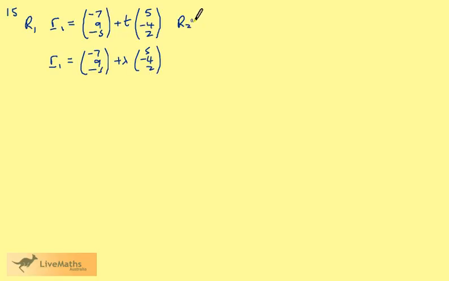If we now consider Rocket 2, the position of the rocket, R2, is negative 6, negative 5, 2, which is its initial position vector, plus t times its velocity vector, which is 9, 6, negative 3.